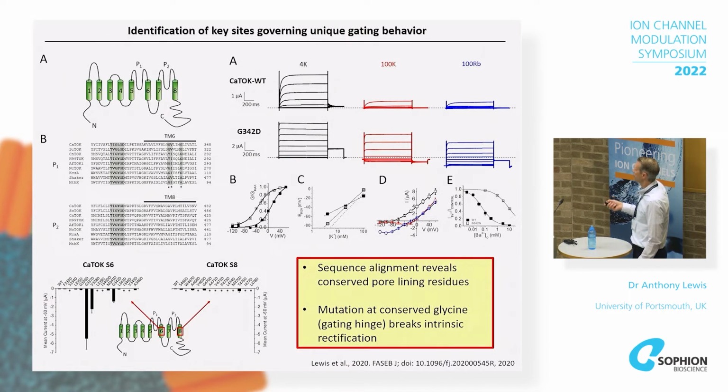Another interesting point is that the channels become much more selective for potassium over sodium when this mutation is made. And this is confirmed as well through the block by barium. So the mutation is less sensitive to barium block.